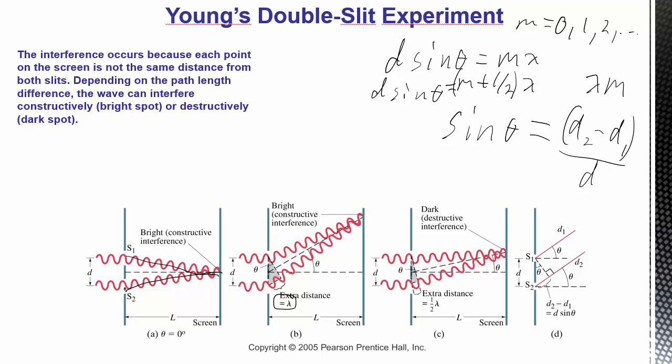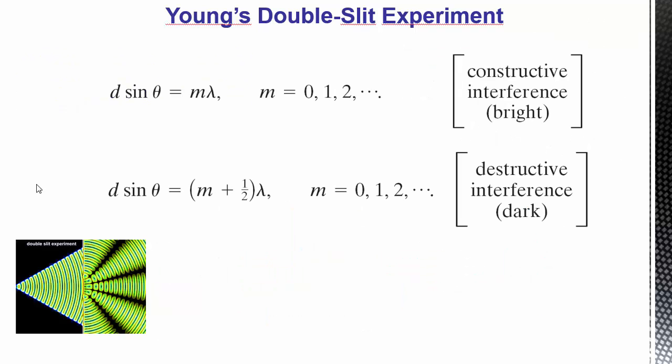It's all written nice and neatly on the next slide. So here we go. There, nice printed equations for you. So this will give us the locations, the angles to the constructive interference and the angles to the destructive interference.